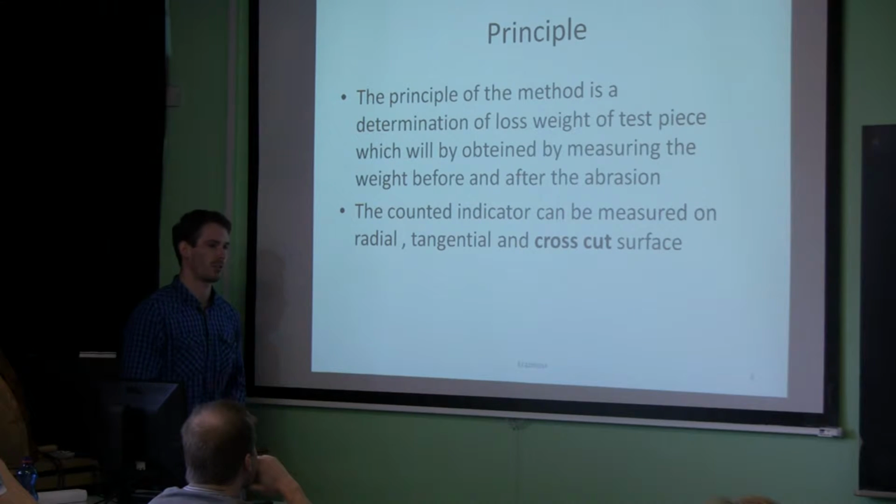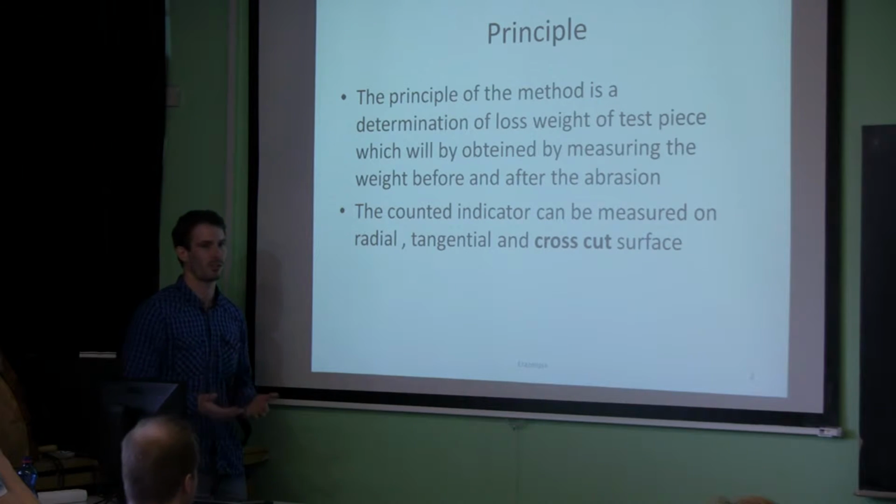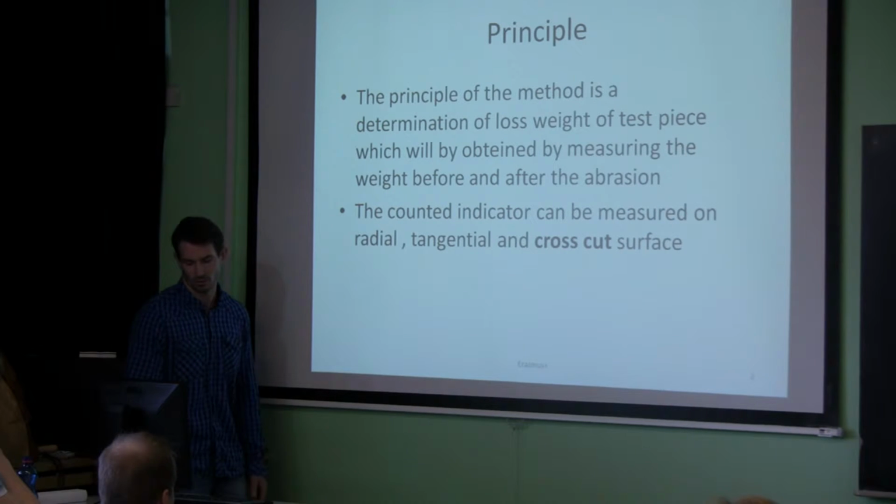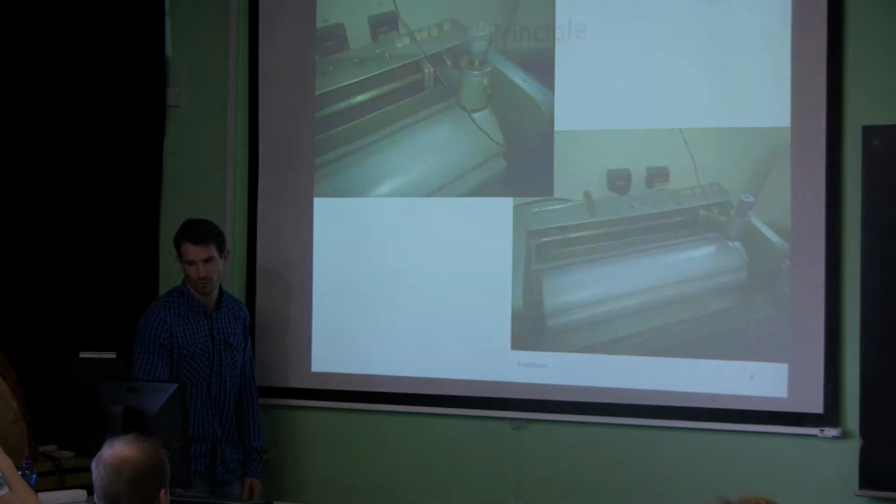We measure it before, and at the end we also measure the reduction of the mass, and then we put it in the equation and get the result: how much this particular material, our sample, can resist losing mass during the test. And we can also measure radial, tangential, and crosscut surfaces, which are different because of the structural grain.